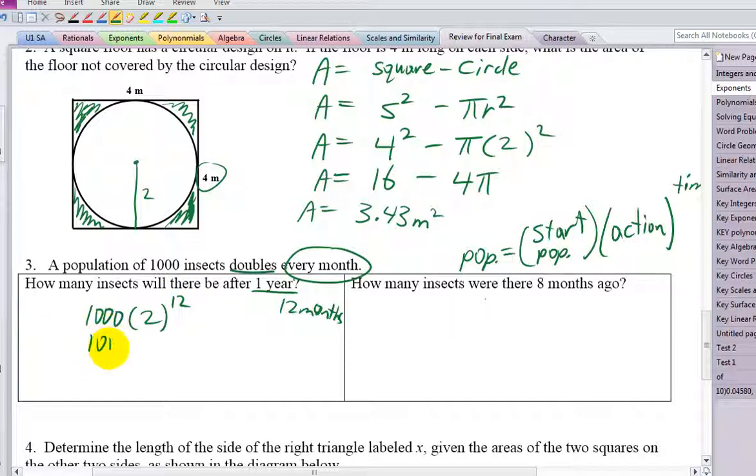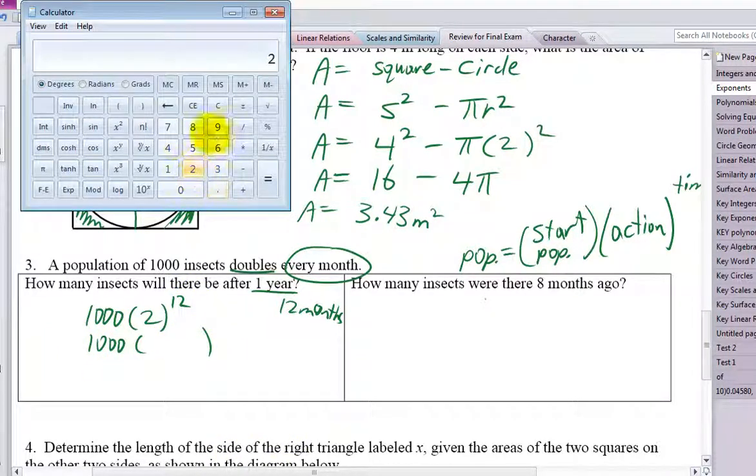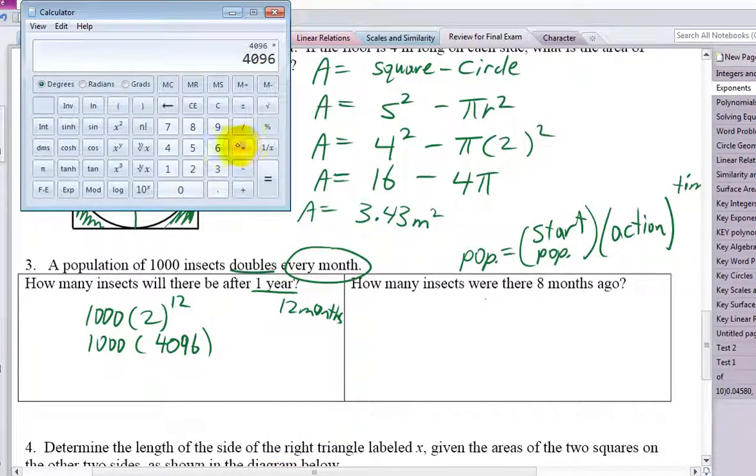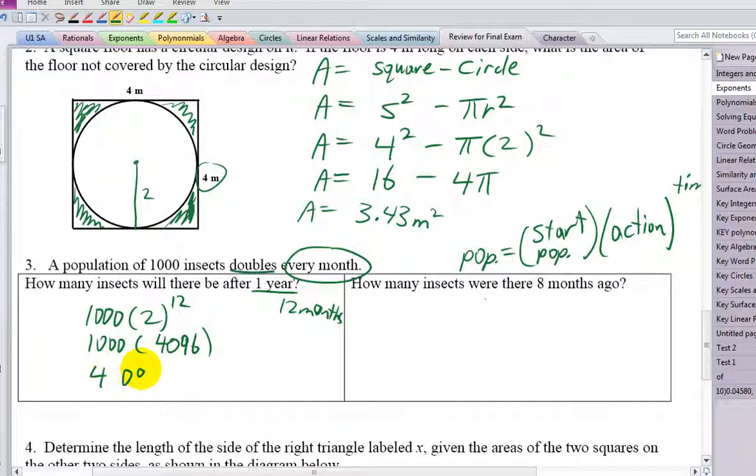So it'd be 1,000 times what? 4096. Take that number times 1,000. 4,096,000 insects. It's a lot.